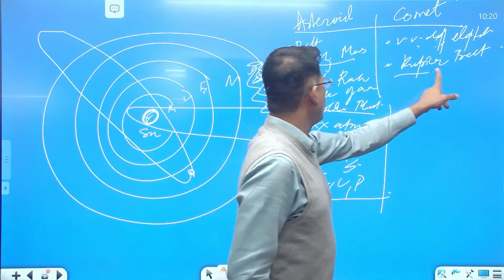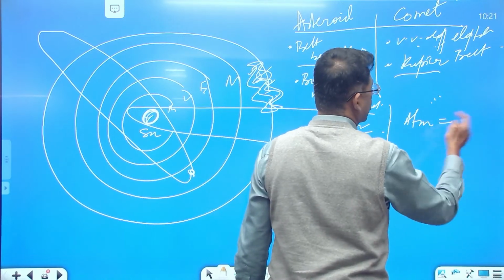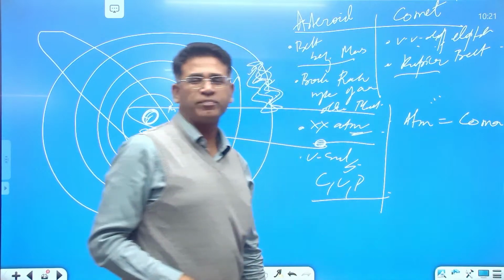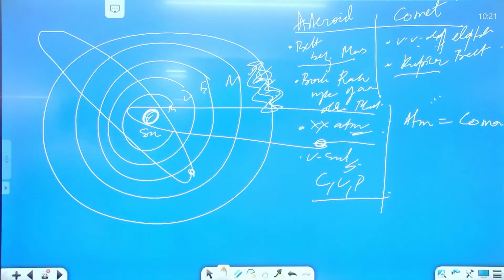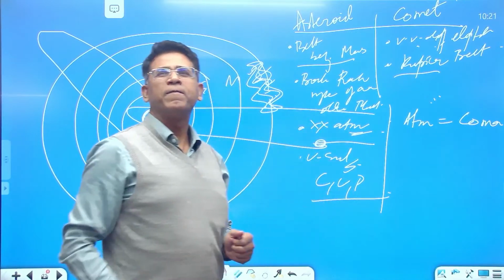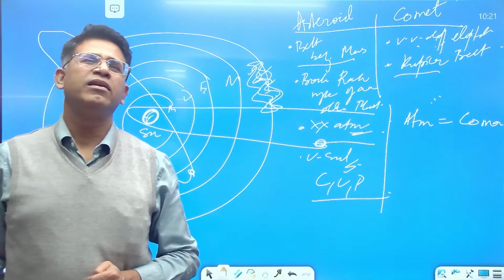The source is the Kuiper belt, and comets have an atmosphere. It's called the coma. And comets are not part of a group or cluster. ये अलग-अलग individuals हैं. Asteroids are part of a cluster, a group में हैं. Abhishek, is that fine?